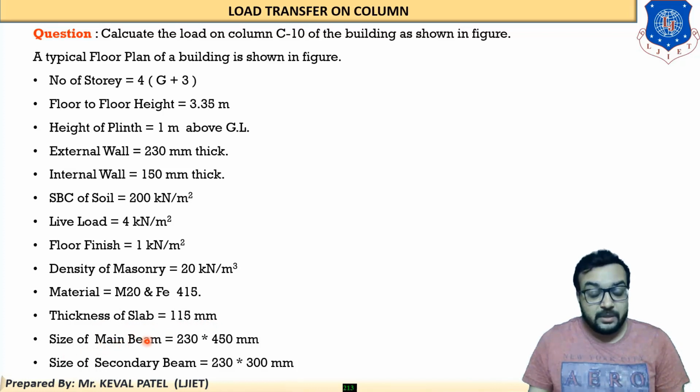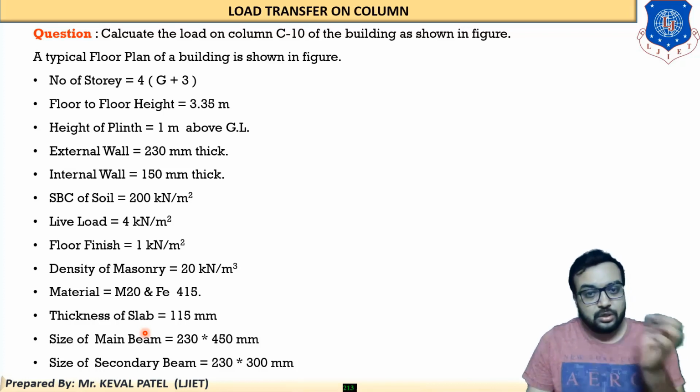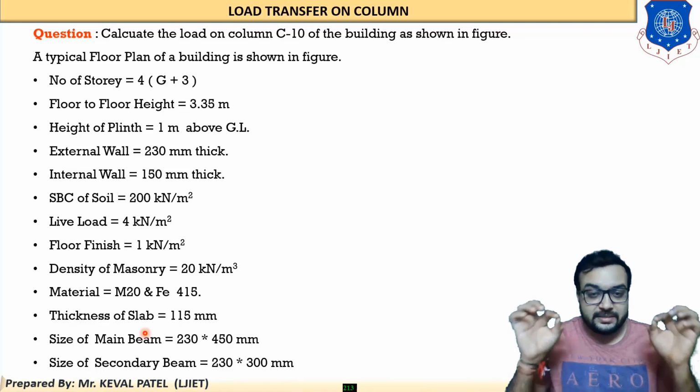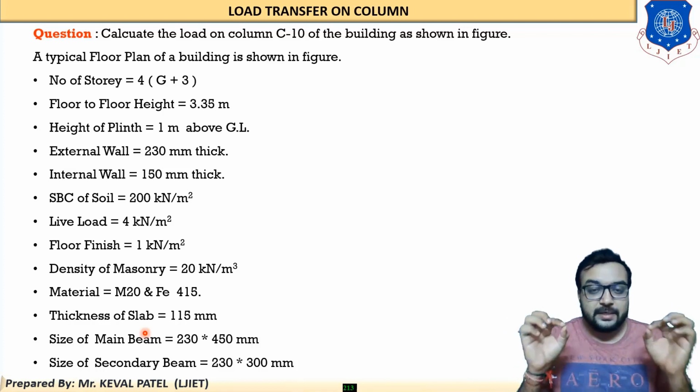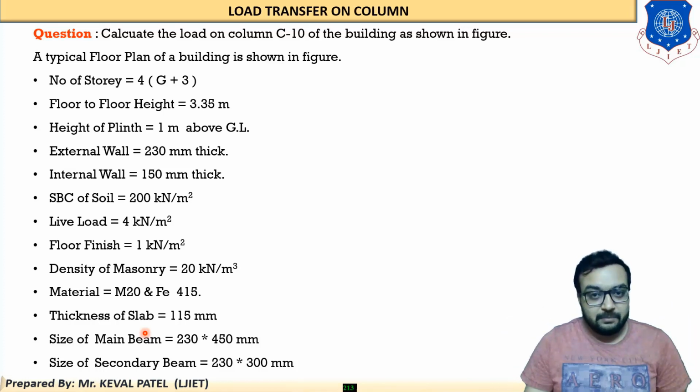Size of main beam. Students, the first question is, what is the difference between main beam and secondary beam? The beam which is connected to columns, with both ends connected to columns, is called the main beam. And what is a secondary beam?